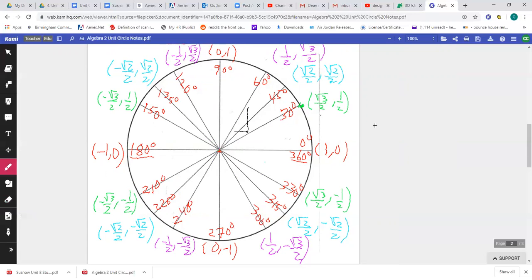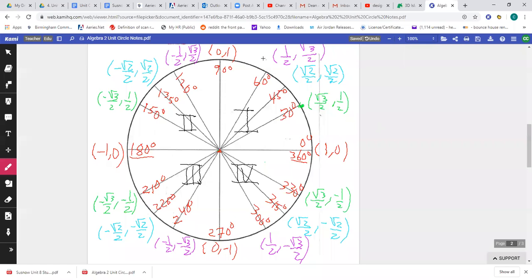This is quadrant 1, this is quadrant 2, this is quadrant 3, and this is quadrant 4. Maybe you want to take a picture of that now because it has the quadrant numbers on there. Okay?